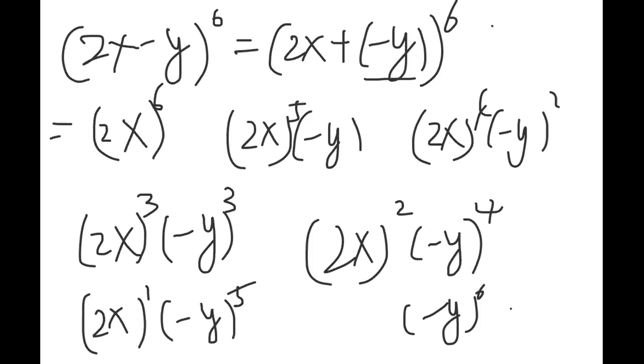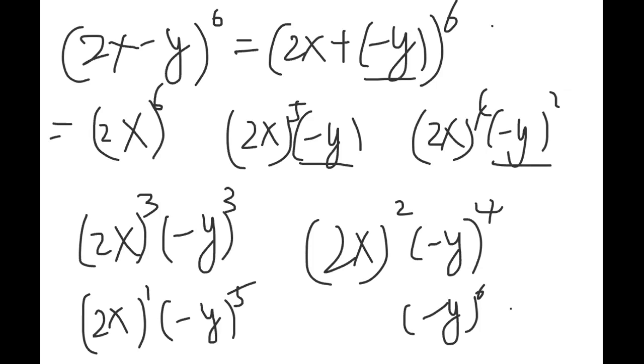So as you can notice, when you simplify your minus y term, for the odd powers there is a minus sign, but for even powers the minus sign becomes a positive sign.